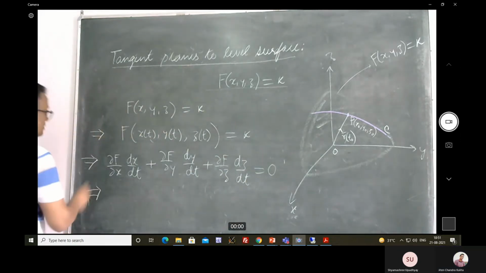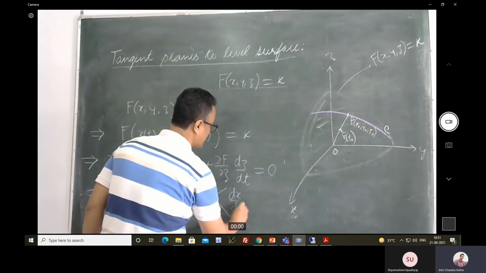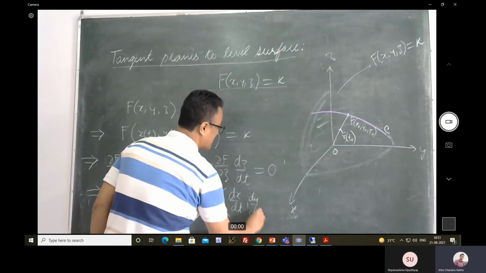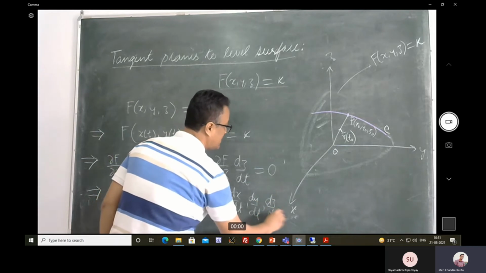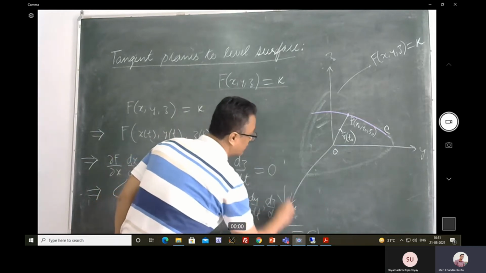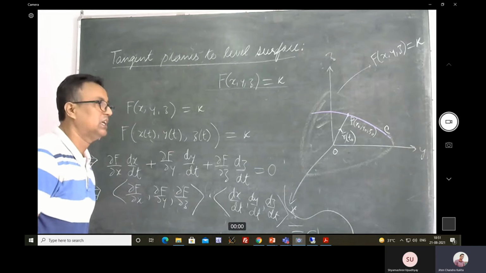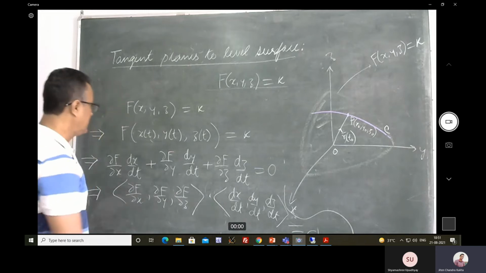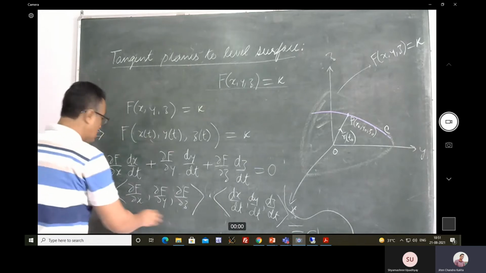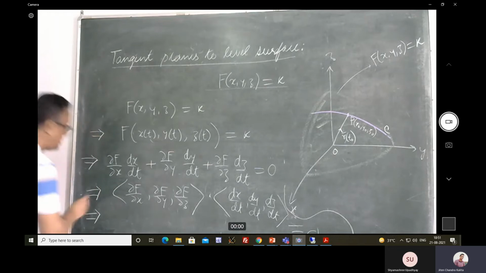dx by dt, dy by dt, dz by dt. And this is going to be valid for each point on the curve C. Now, this is simply what?